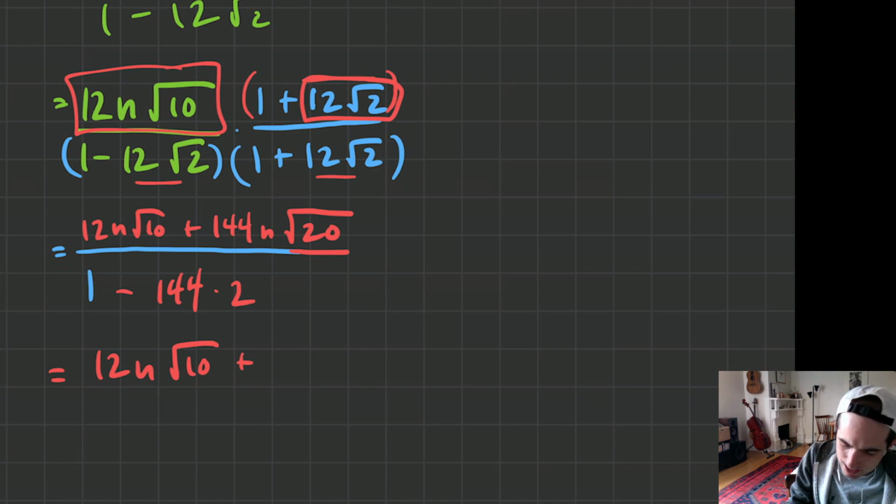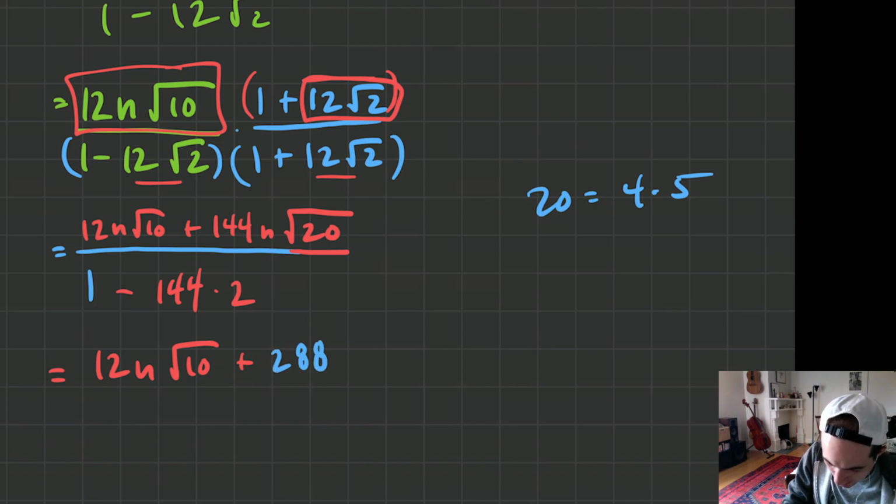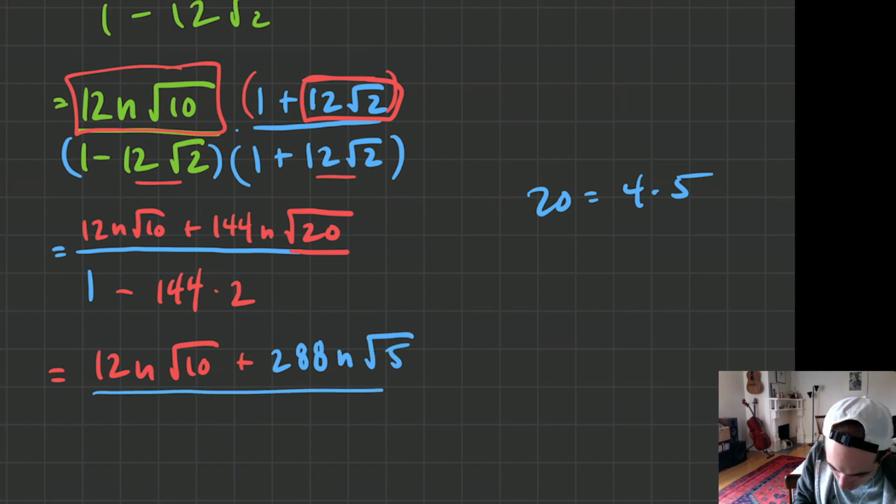Well, 20 has a factor of 4 in it, so 20 is equal to 4 times 5. So I can factor out that perfect square of 4, which gives me 288n root 5 all over 1 minus 288, since this whole thing is 288.